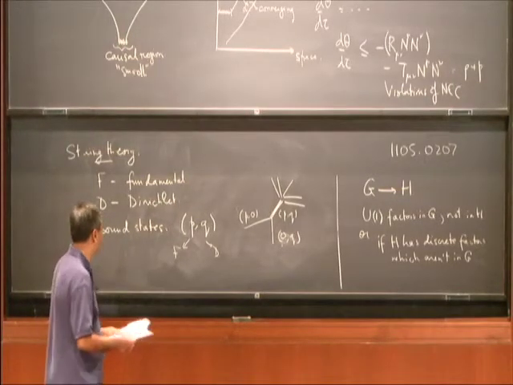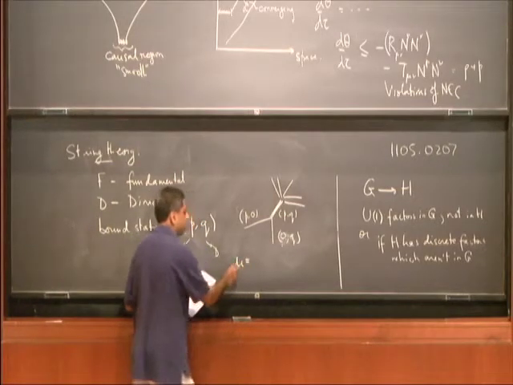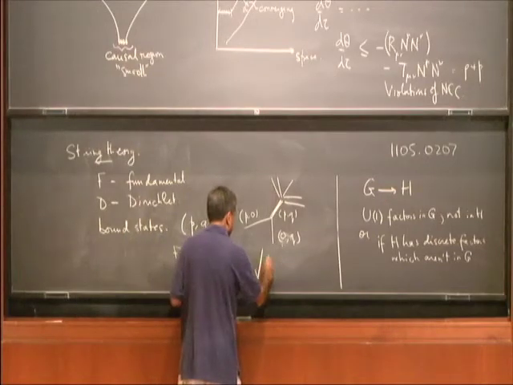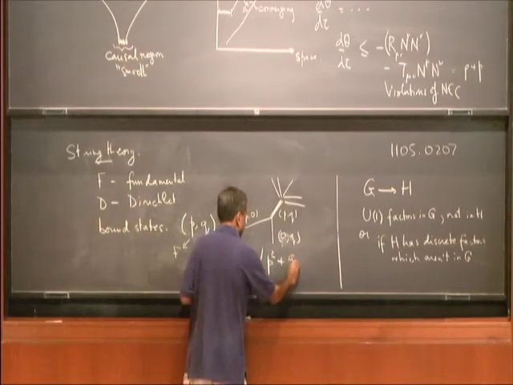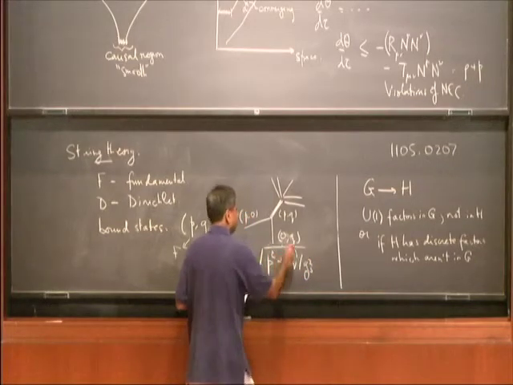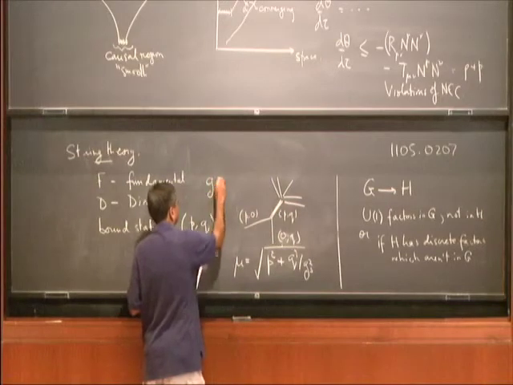And the mass per unit length of these strings is given by the square root of p squared plus q squared, divided by the string coupling squared. g_s is the string coupling.